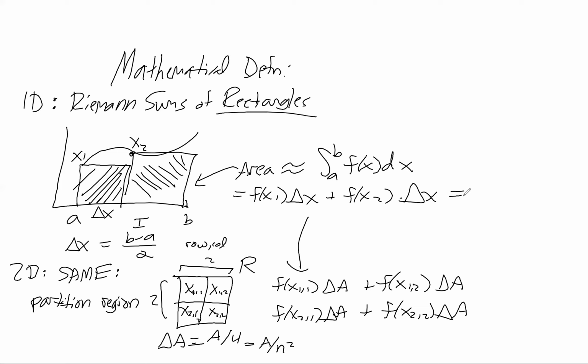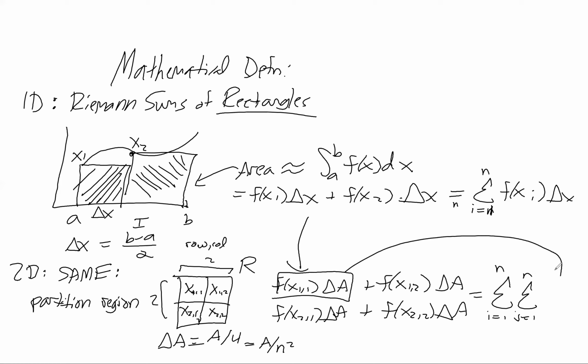In general, mathematicians will like to generalize. They always like to write it down. So let's just do that here. If we have n subdivisions, i equals 1 to n, well, we'll have f of x i delta x. And then we'll do the same thing out here. This is i equals 1 to n, j equals 1 to n. And so then we just take one term, and then we stick it here.